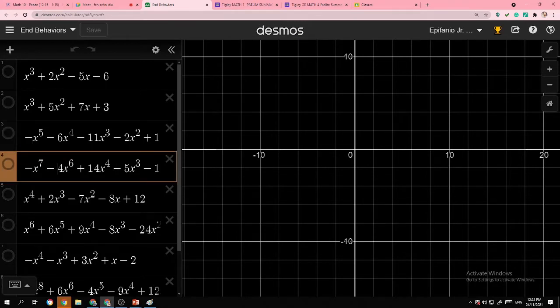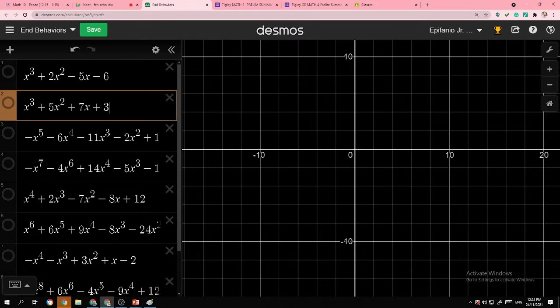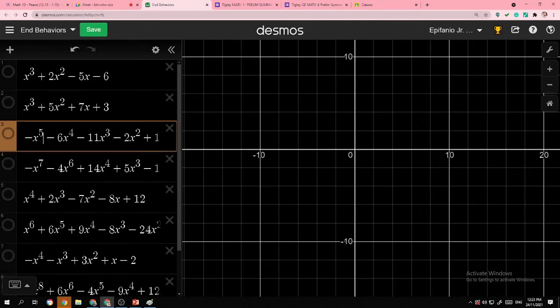Number 4, negative 1. So here they differ. Numbers 1 and 2 are both odd and both have positive leading coefficients. Numbers 3 and 4 are both odd still, but their leading coefficients are both negative.